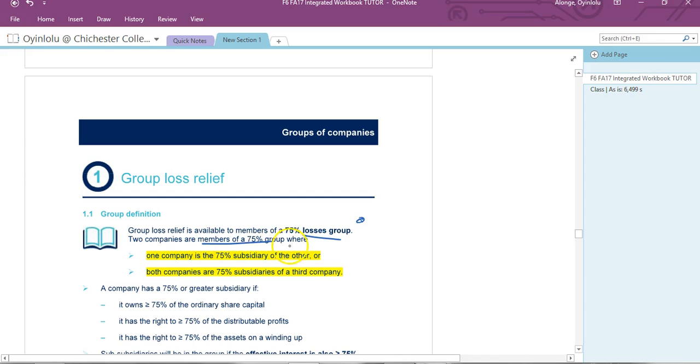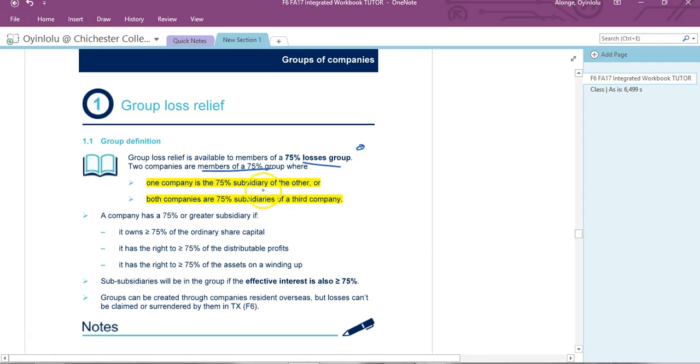Two companies are members of the 75% group where one company is a 75% subsidiary of the other, or both are 75% subsidiaries of a third company. It's very much about share capital.